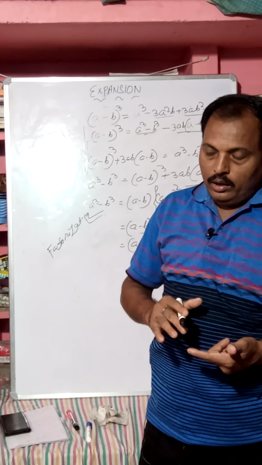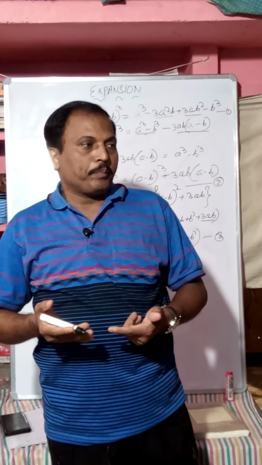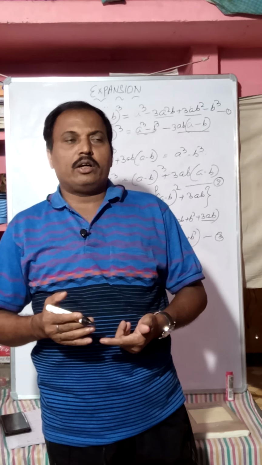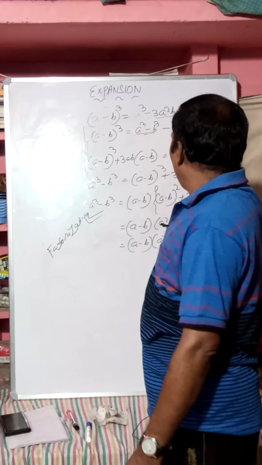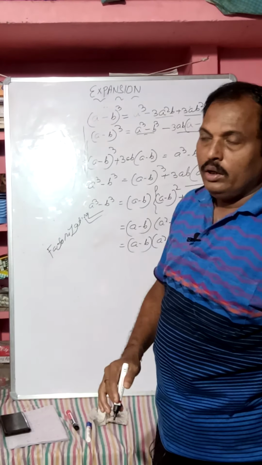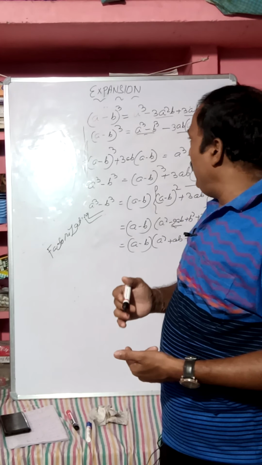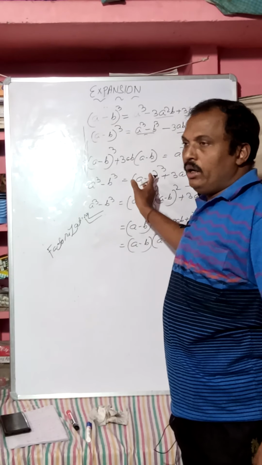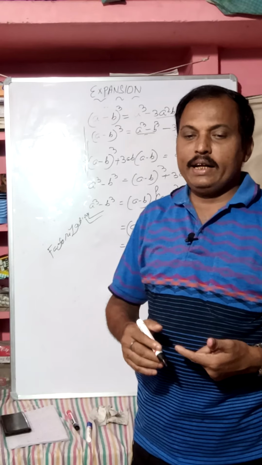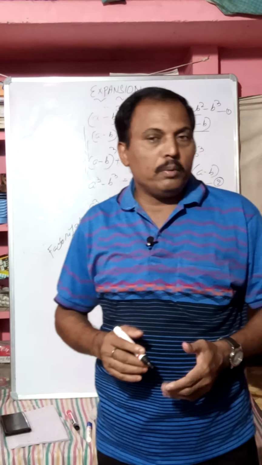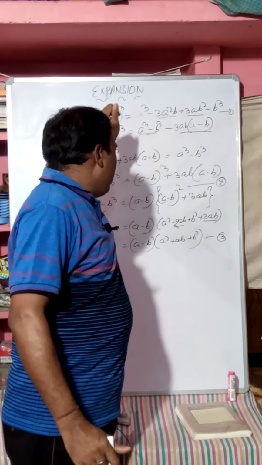Otherwise a minus b whole cube is equal to a cube minus b cube, a cube minus b cube minus 3ab whole into a minus b, and next a cube minus b cube is equal to a minus b whole cube plus 3ab into a minus b. By taking this formula, we will solve some problems relating to expansion.